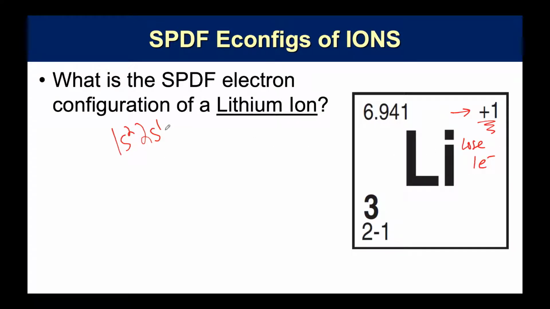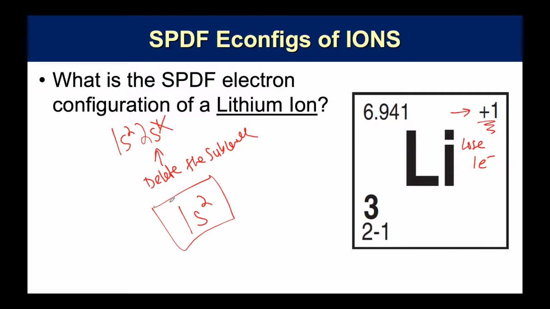So now I have to take this electron configuration and modify it. Before, we added to the total number of electrons in that last sublevel. In this case, because there is only 1 electron and we are going to lose it, the entire sublevel now gets deleted because there are no electrons left in it. And that gives us an electron configuration simply of 1s2 for a lithium ion.